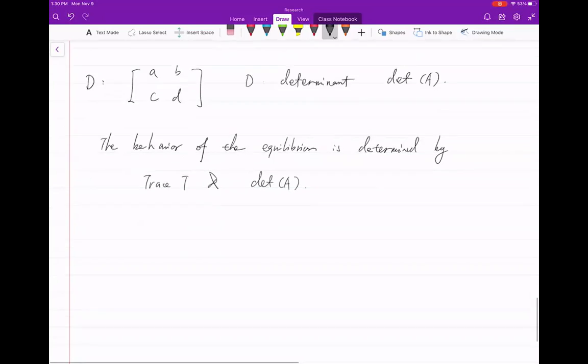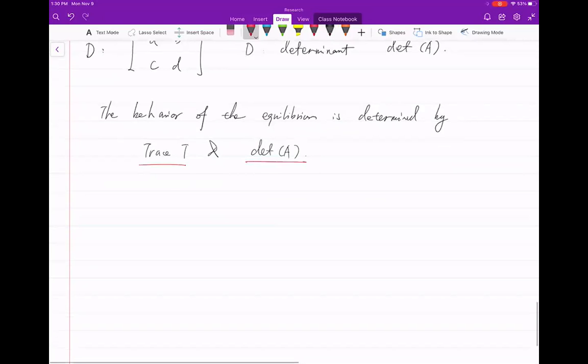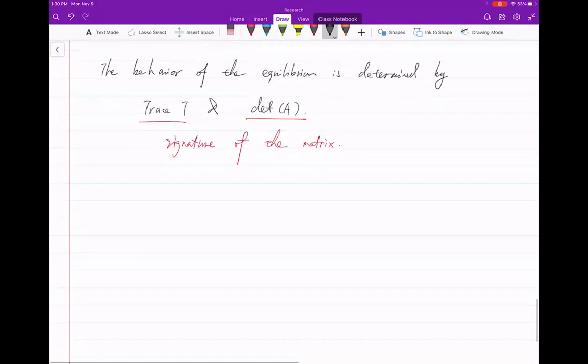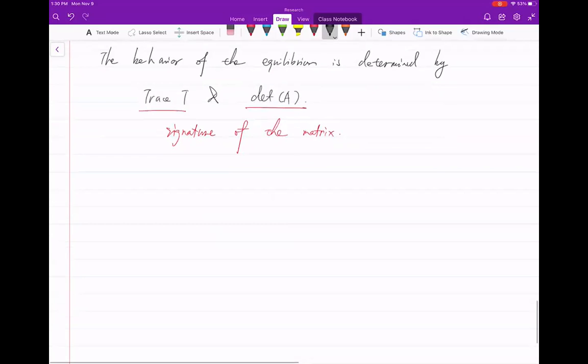Then the next thing I want to argue is these two are very good signature of the matrix. Why? Here is why. Depending on how much you know about linear algebra, I think so far you get the rough idea. For the same linear transformation, it can be described by a matrix. But suddenly you have a trouble.